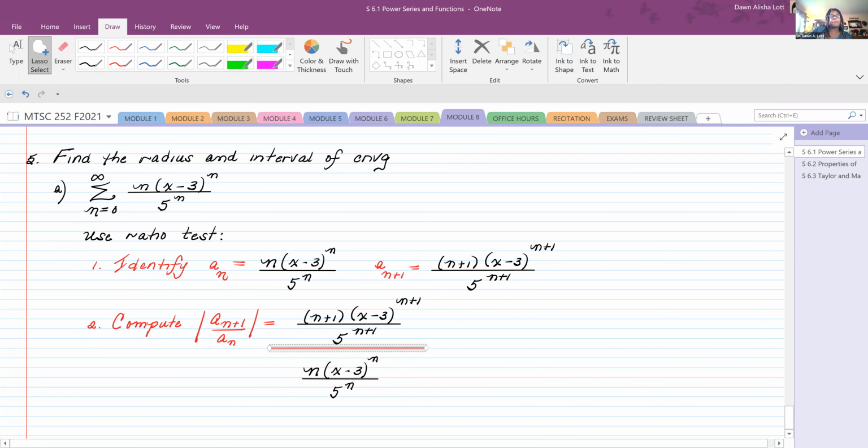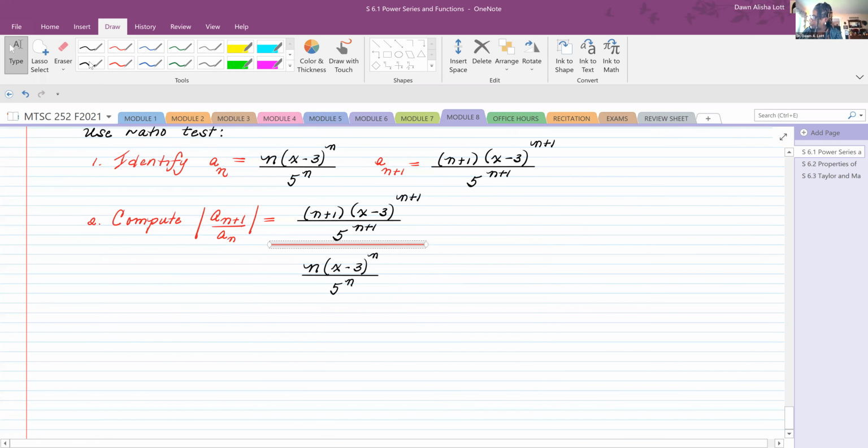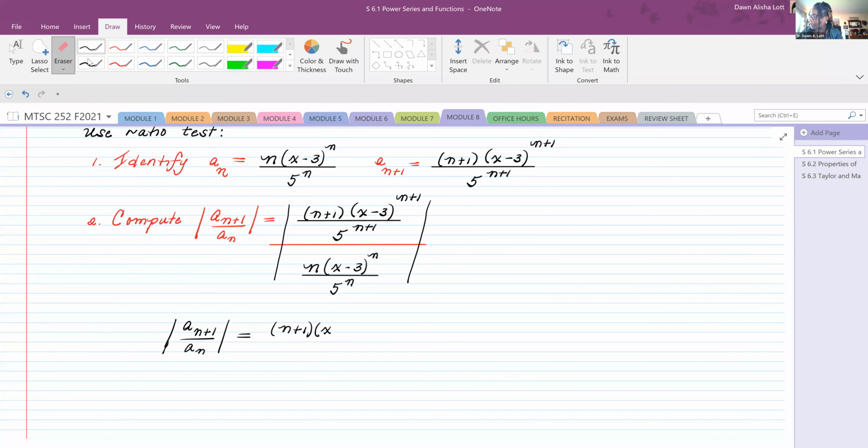Okay, and I need that in absolute value. All right, so then the absolute value of a_(n+1) over a_n is going to equal (n plus 1) times (x minus 3). So yeah, the whole thing is an absolute value.